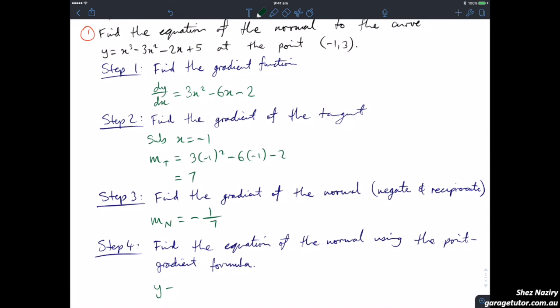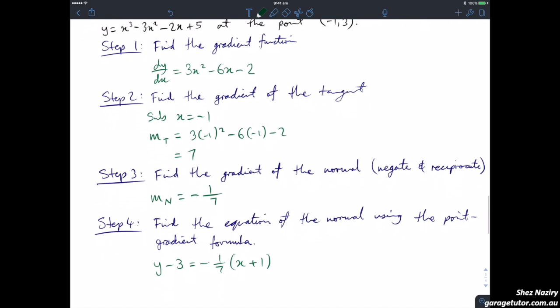Our y1 is up here. That's 3. So y minus 3 equals the gradient of the normal, so negative 1 over 7, times x minus negative 1, so that's plus 1. Now, question guys. What's probably the best form to write this equation in? I think general form would be best here because I don't like fractions. You can clearly see that x will have a fraction here. So I'm just going to go ahead and write it in general form.